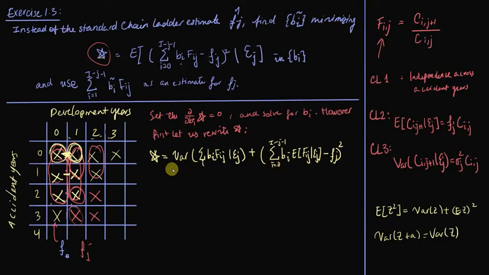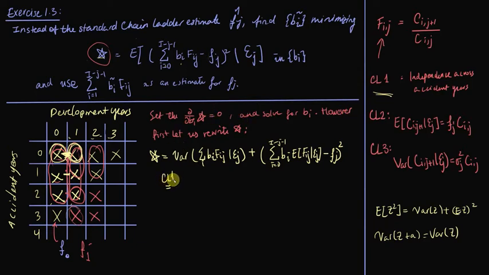Okay. Let's just move a bit further here. We can also take out the summation here due to the fij being independent across accident years, because we have assumed independence across accident years.